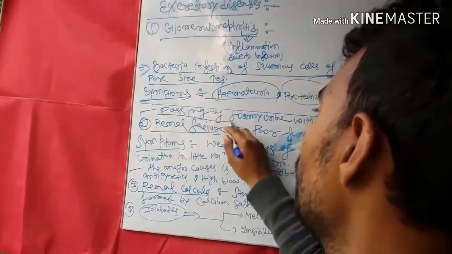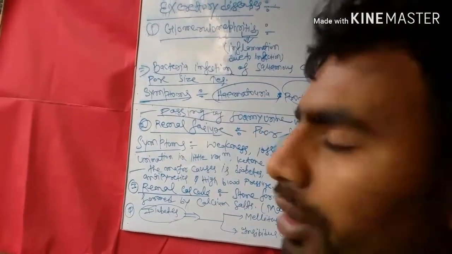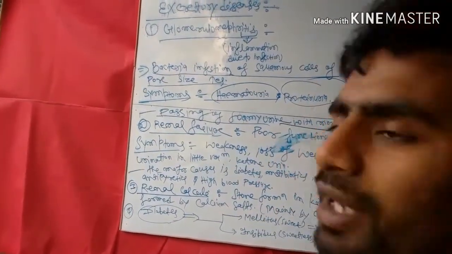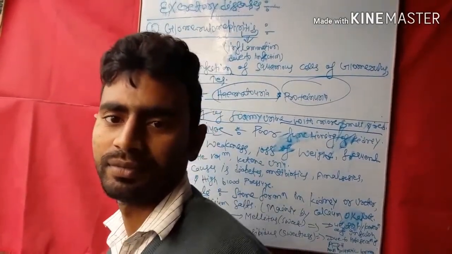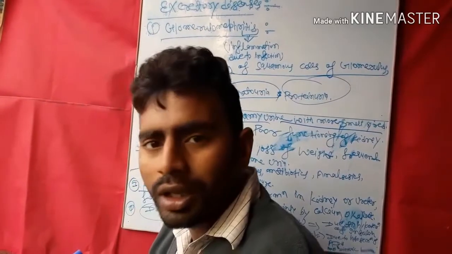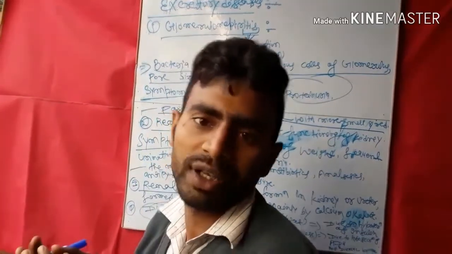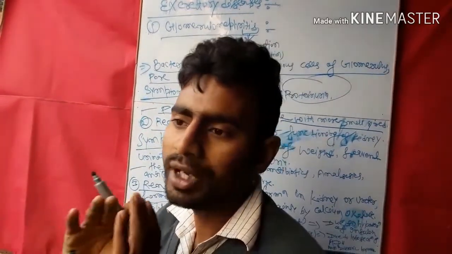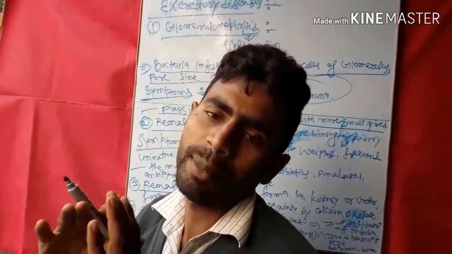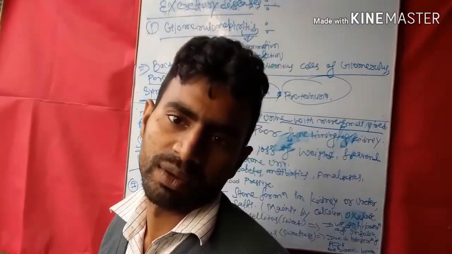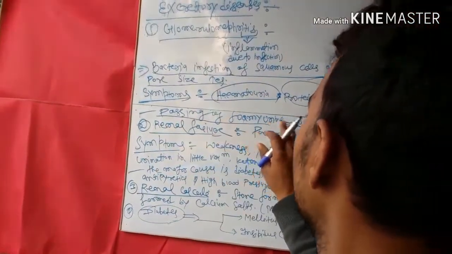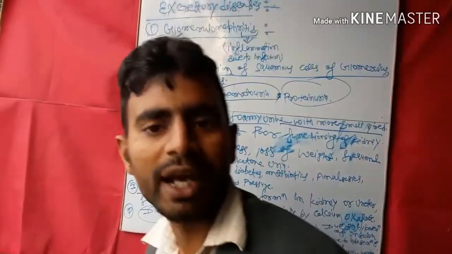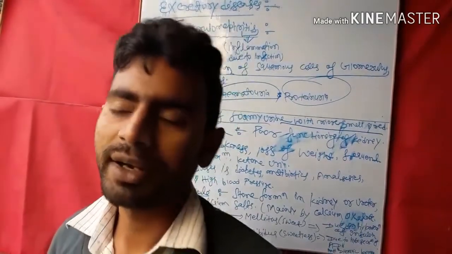After that, passing of foamy urine with more smell and red color. If hemoglobin is passing with urine, then the urine is red.